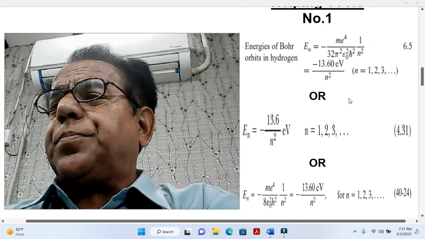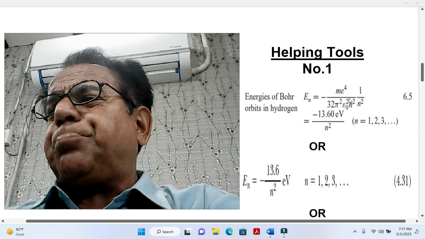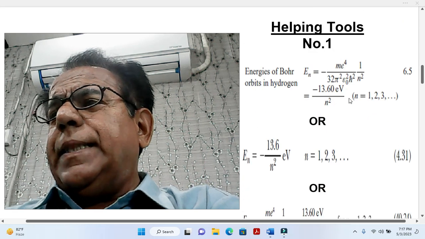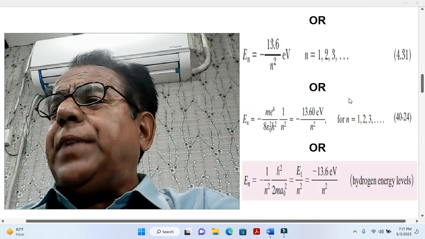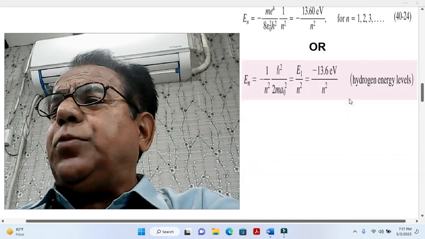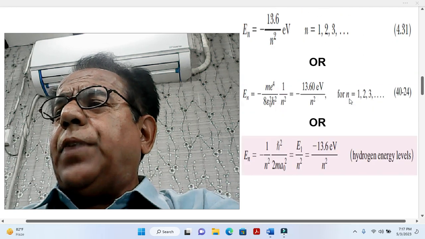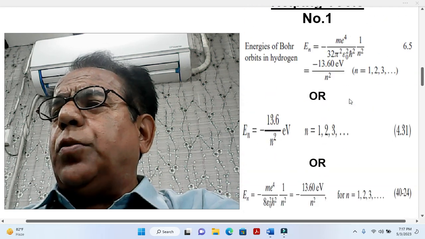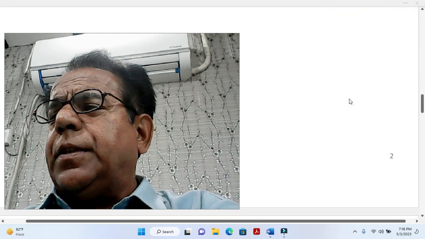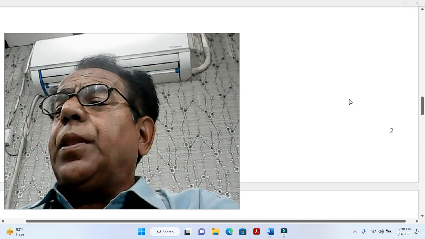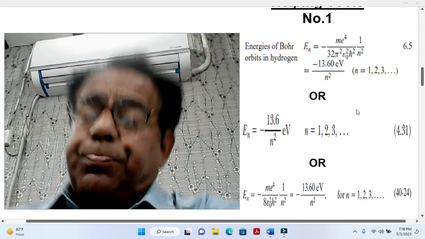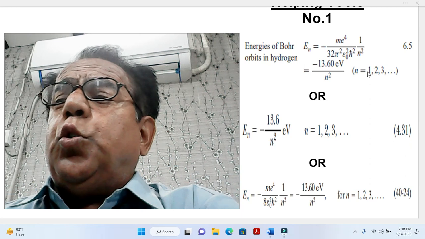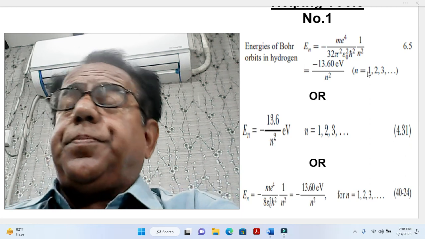How many tools? I think there is only one helping tool, but its various versions have been used. 1, 2, 3, 4. Yes, 4 versions. The helping tool is only one, but I have chosen snapshots from 4 different books.